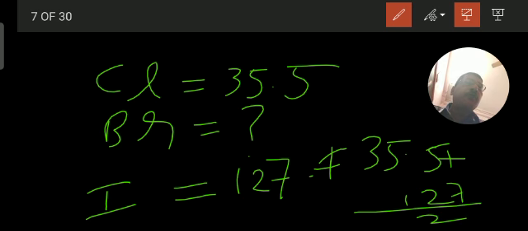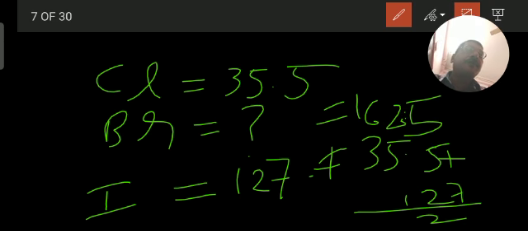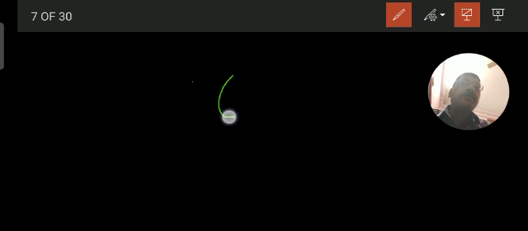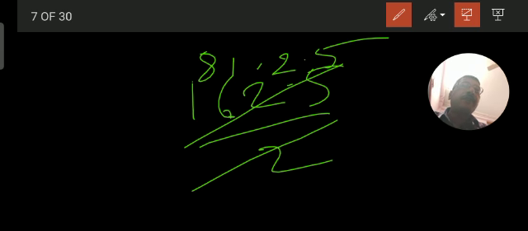How much will it be? 127 plus 35.5 is 162.5. Then 162.5 divided by 2 is 81.25.